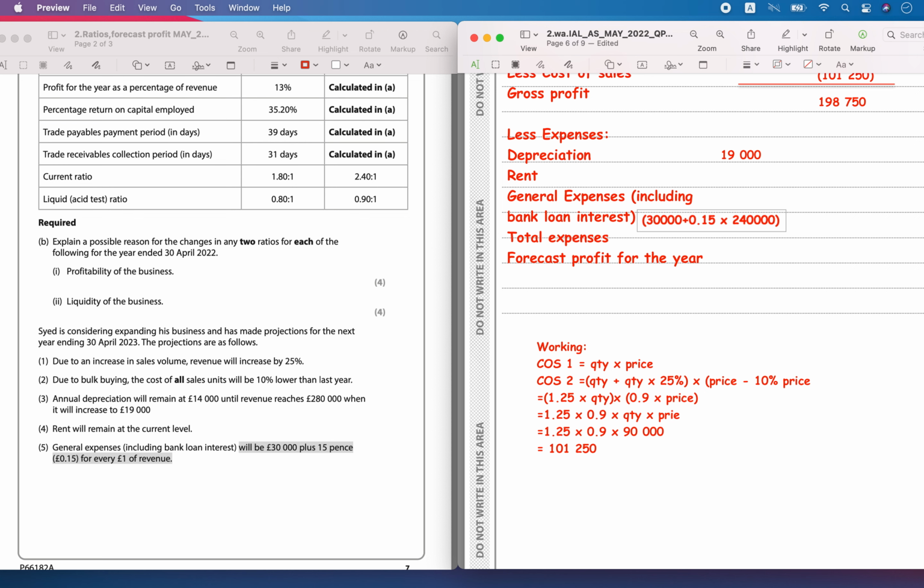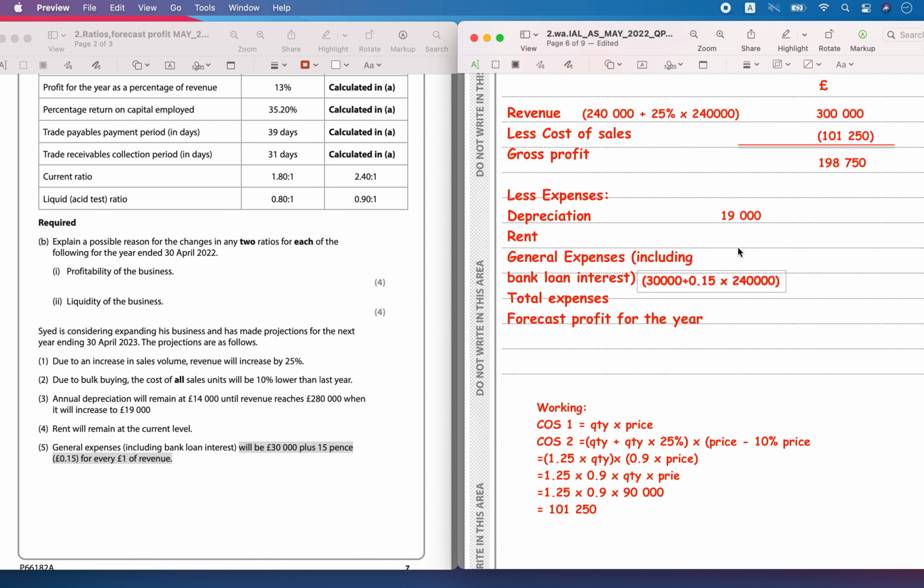But now the new revenue is 300,000. So not 240,000, but 300,000. So 30,000 plus 0.15 times 300,000. That should be equal to 75,000.